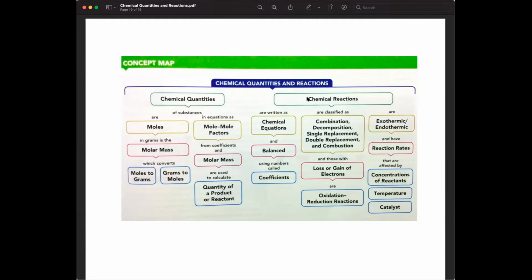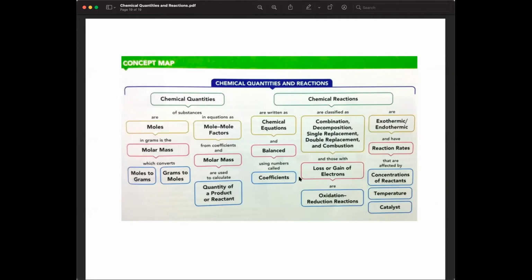Now, if you look at chemical reactions that we learned, okay, so these are chemical quantities. We learned about chemical equations, how to write chemical equations, how to balance them using coefficients. We learned the different kinds of chemical reactions: combination, decomposition, single replacement, double displacement, and combustion.